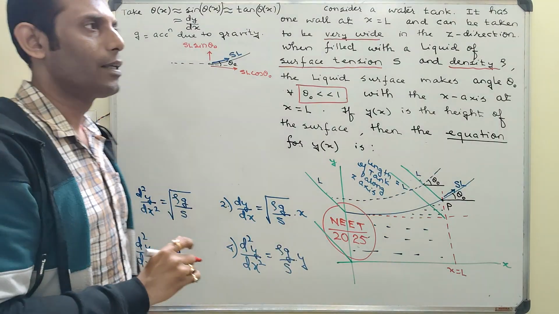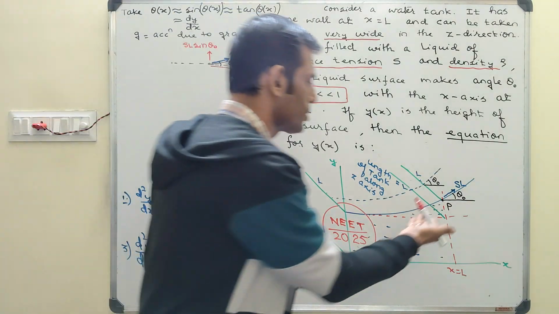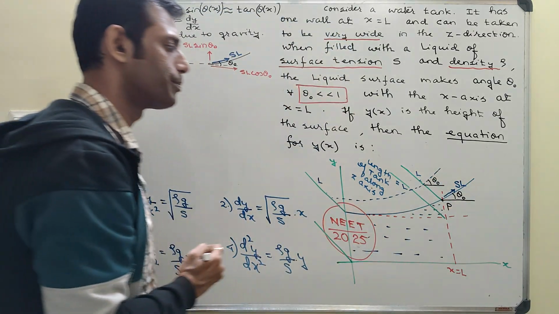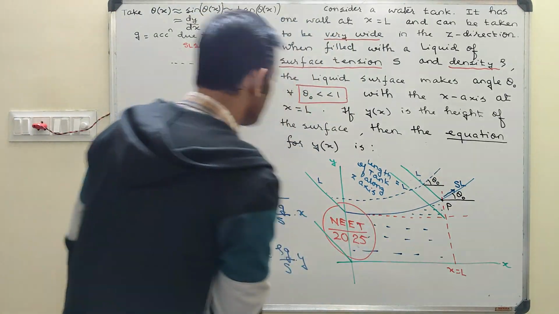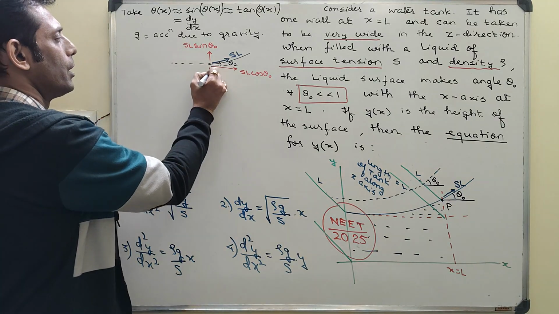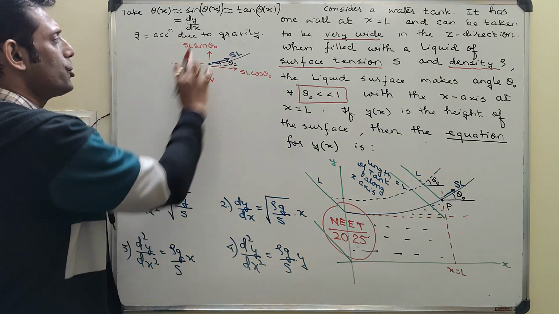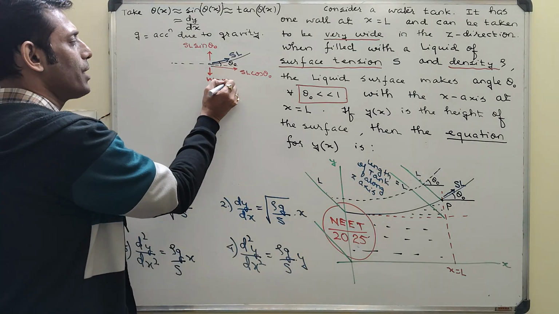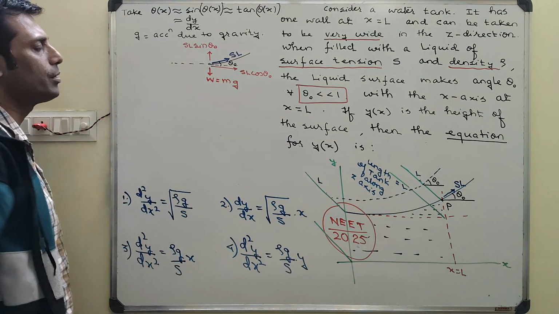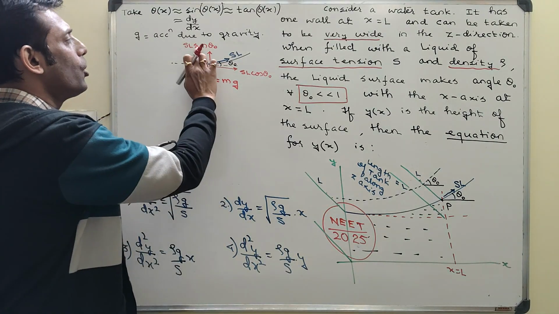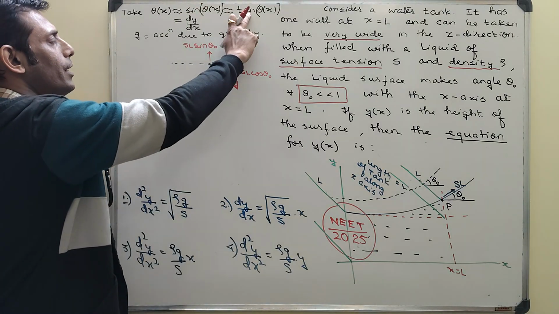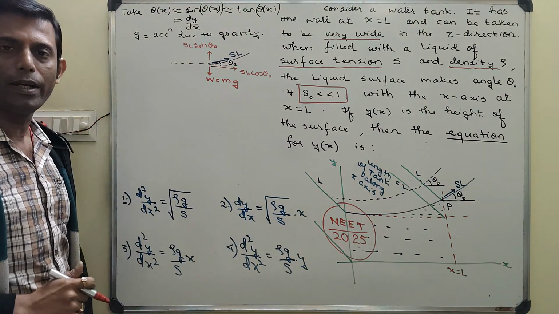And then the weight of the liquid in this pulled up portion, extended portion, this triangular portion, is acting downside. These two come in equilibrium. Weight, you can say, is mass into g defined in the question. Sin theta naught here is defined in the question. They have defined it as tan equal to dy by dx.